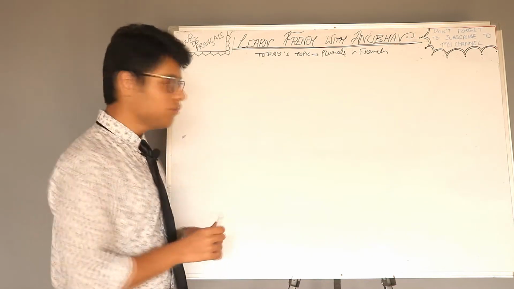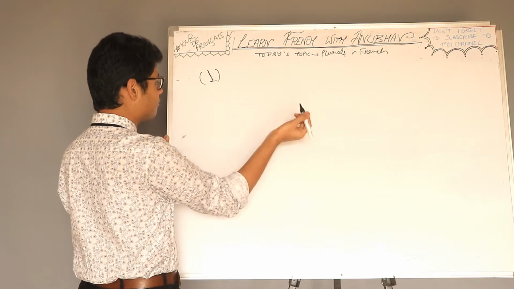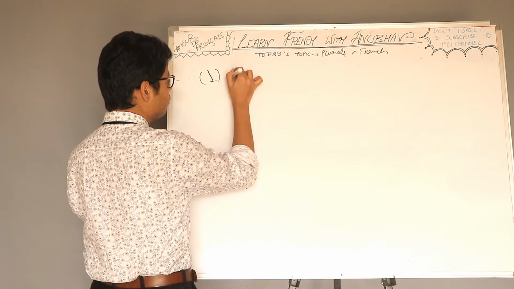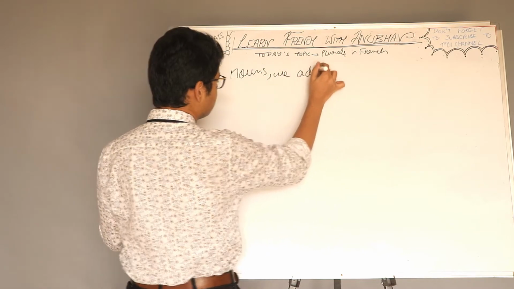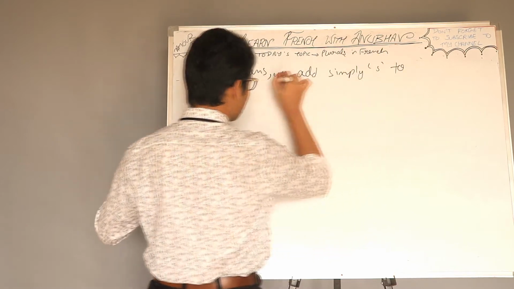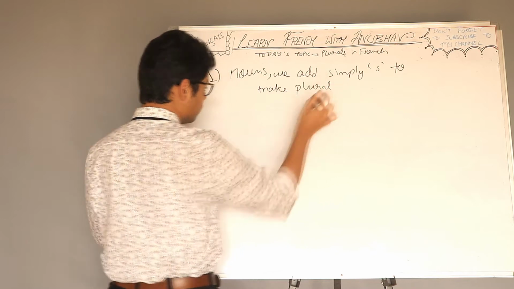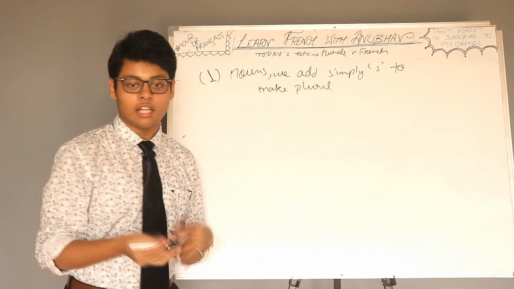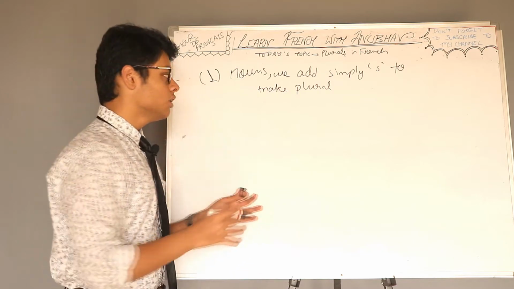So let's begin with the first category, the simplest one, in which we add simply s to the nouns to make the plural. That's what we do in English also: ring, rings, girl, girls, boy, boys.